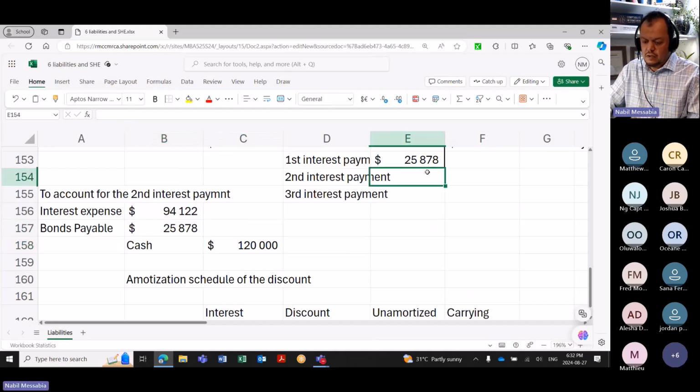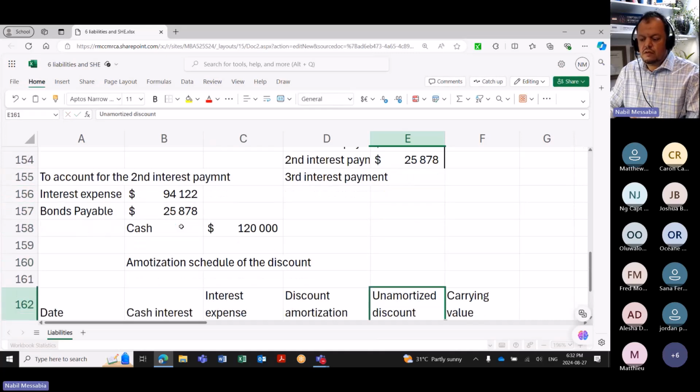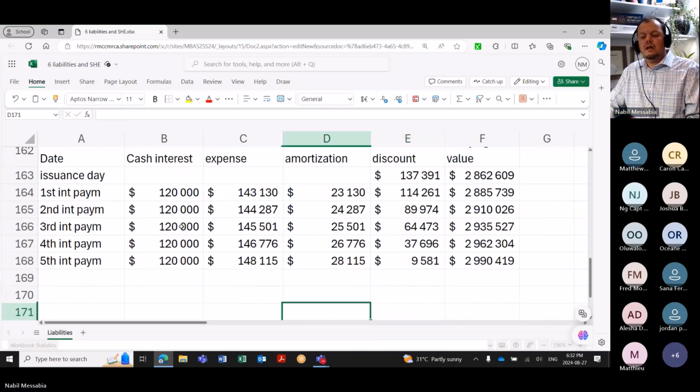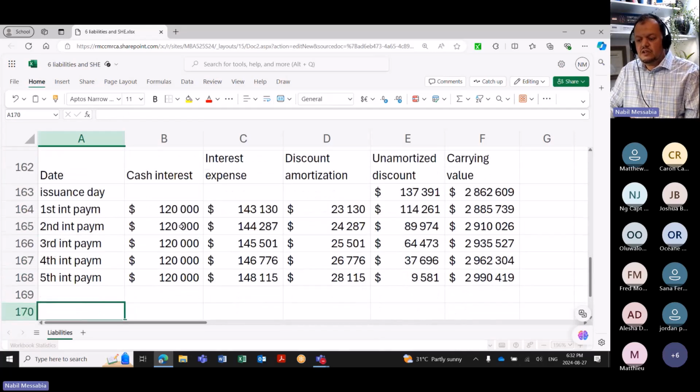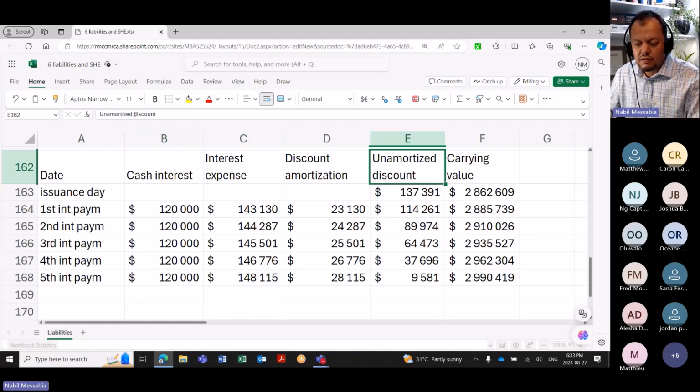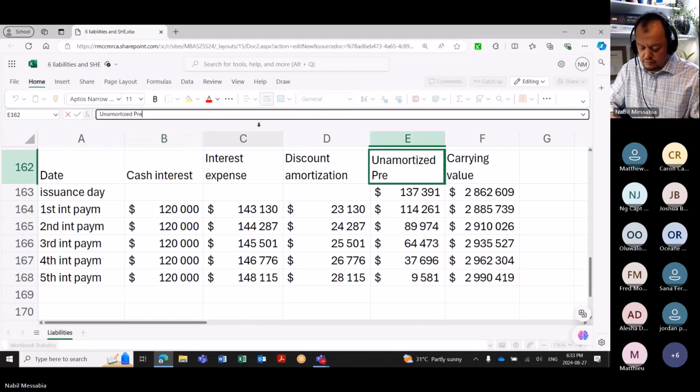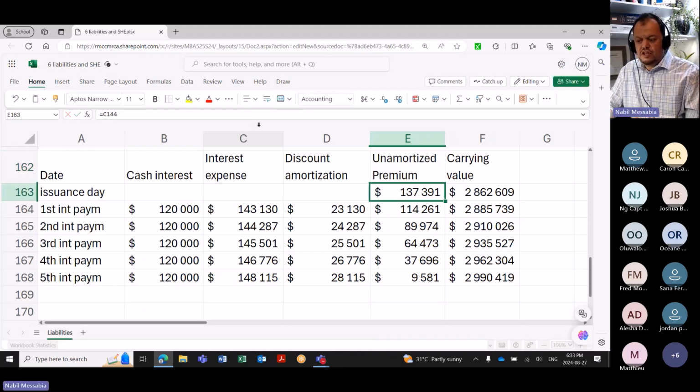And this is how it comes in terms of amortization schedule, so now it is a premium, not a discount. And I have to change the formula here.